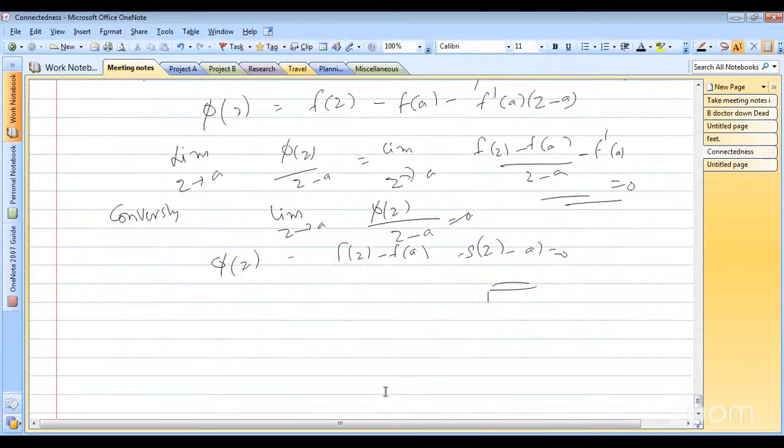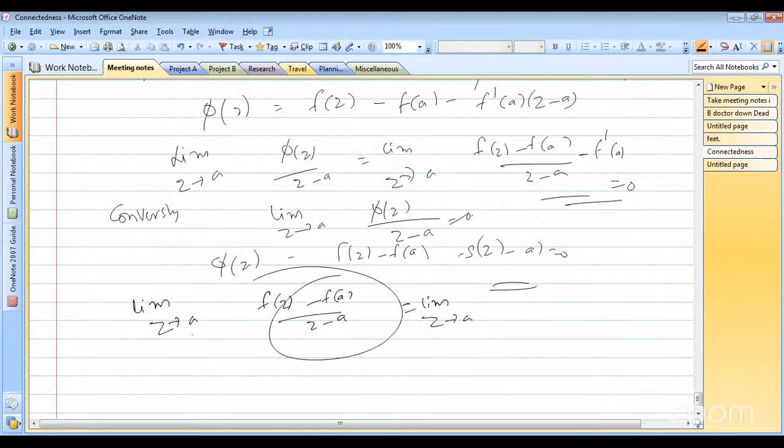So therefore, taking the limit as z tends to a of (f(z) − f(a))/(z − a), this is phi(z)/(z − a) plus s, and the total value is 0 plus s, which is equal to s.